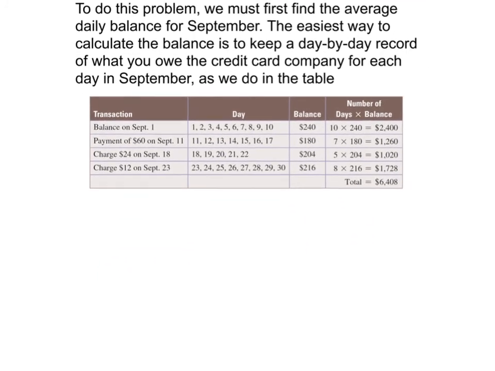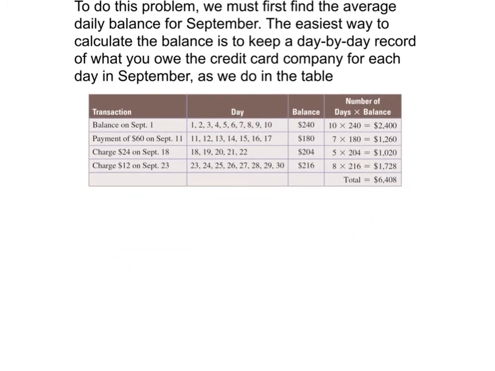And then we take that total, $6,408, and divide by 30. 6,408 divided by 30 is equal to $213.60.